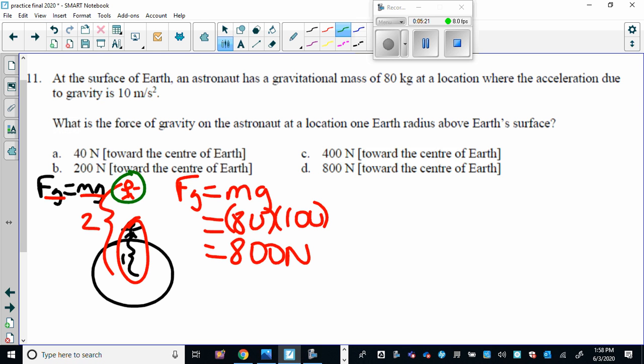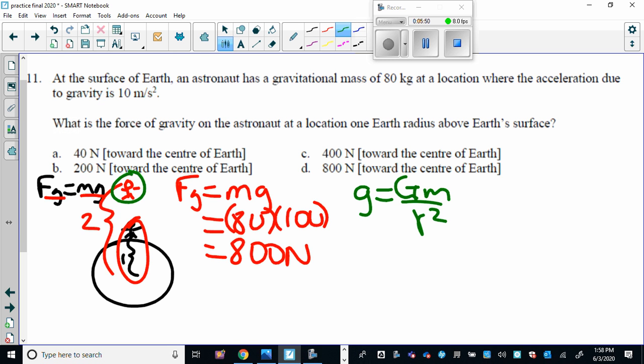So the distance between him and the center of the Earth is twice that, and we want to calculate his new force of gravity. As I said, you're going to do that just with the relationships. This is the equation for the force of gravity, or gravitational field strength.